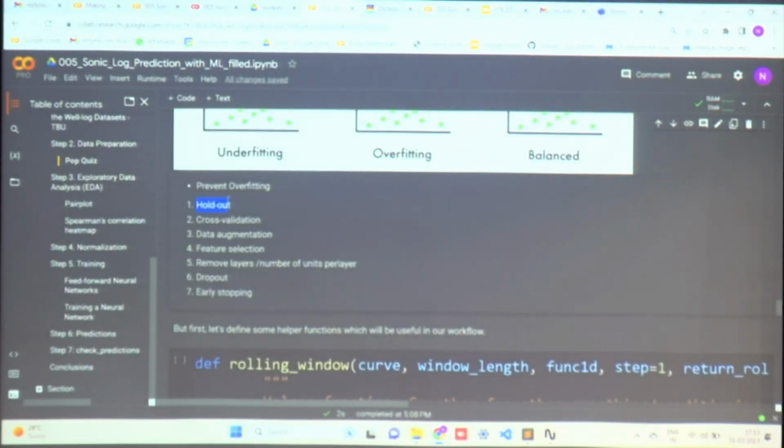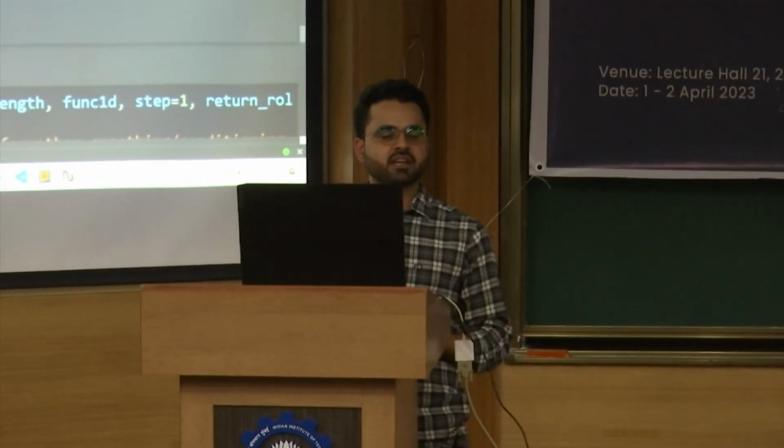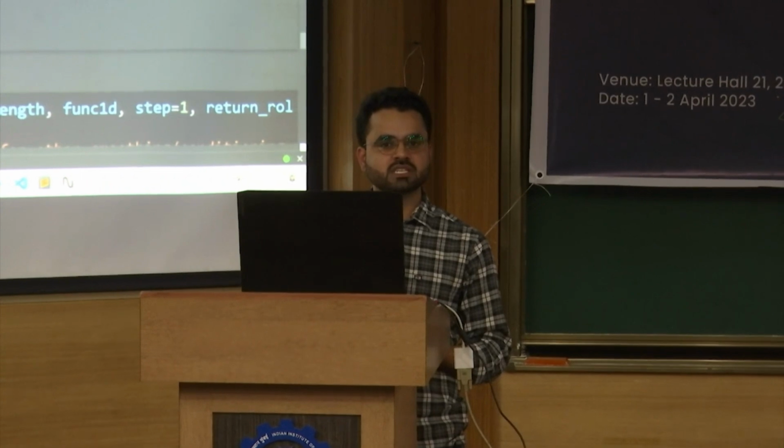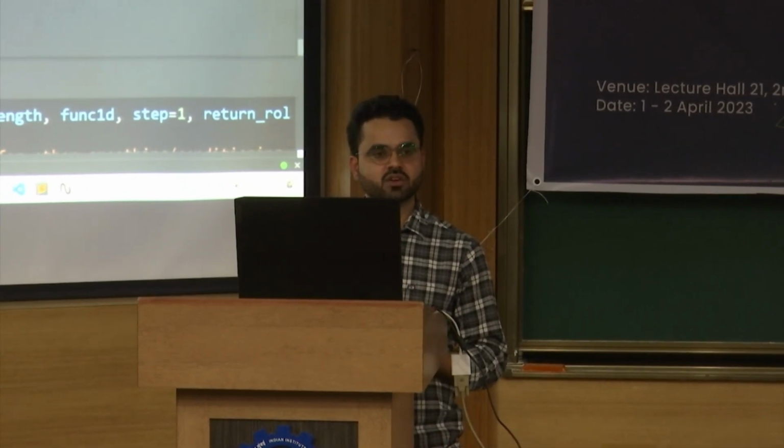We can hold out, which means we can separate a part of the training data for validation. And in terms of cross validation, there is a basic idea: let's say we have 100 samples. We can give it a factor, that you cross validate by a factor of 5.